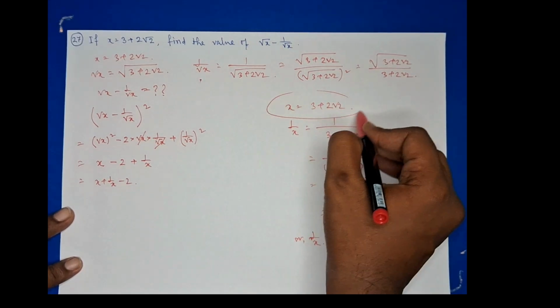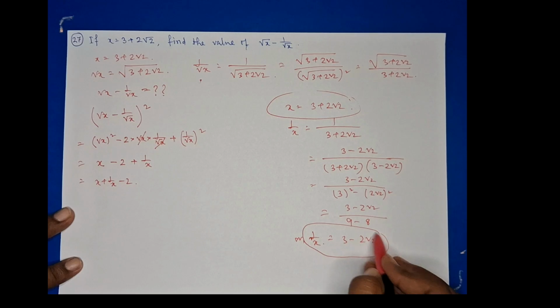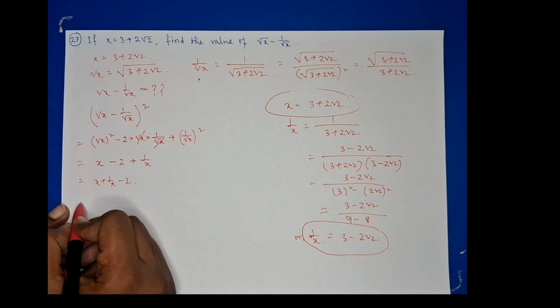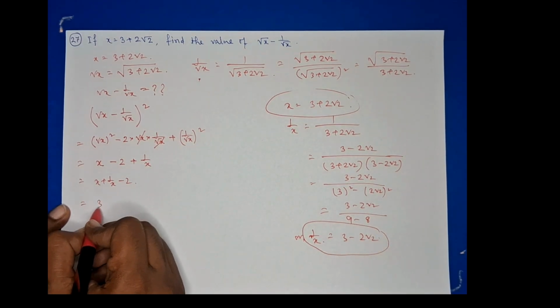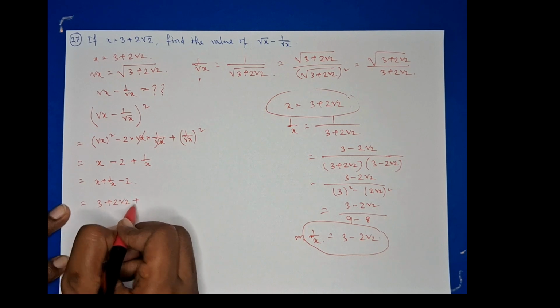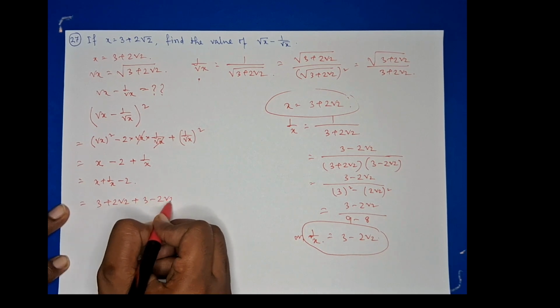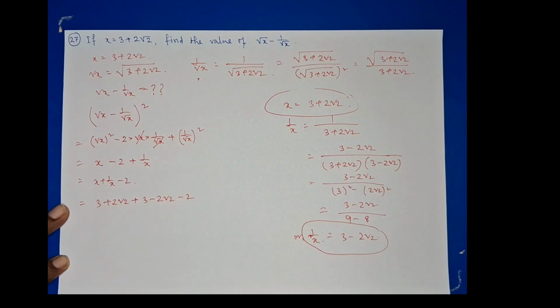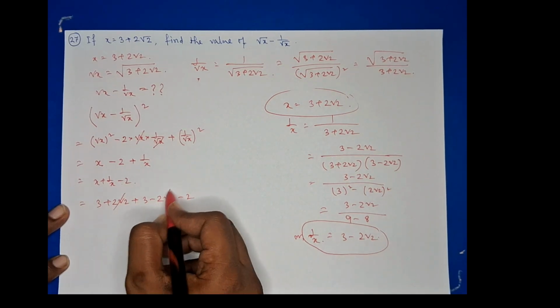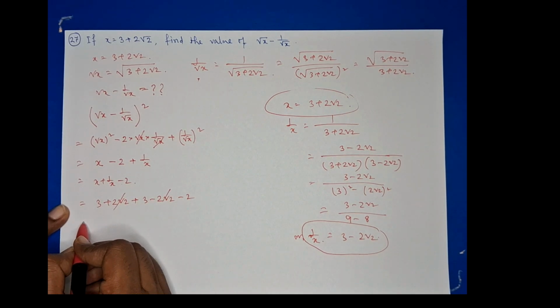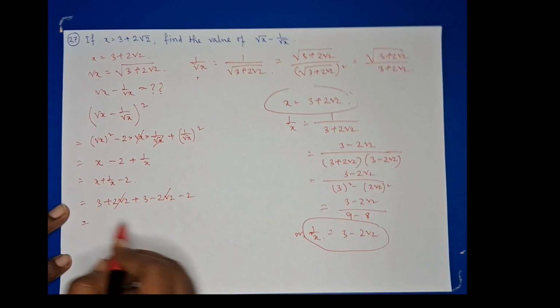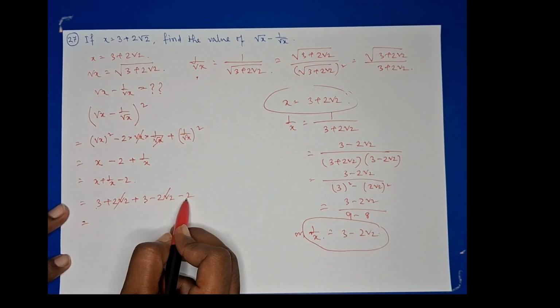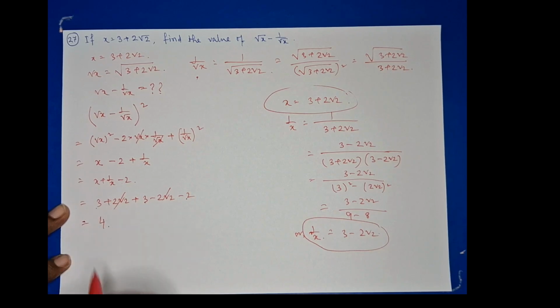X is equal to 3 plus 2 root 2. 1 by x is equal to 3 minus 2 root 2. Let us put the value of x equal to 3 plus 2 root 2 and 1 by x equal to 3 minus 2 root 2, and then minus 2 is remaining. The 2 root 2 cancels. So what is remaining? 3 plus 3 is 6, minus 2 is 4.